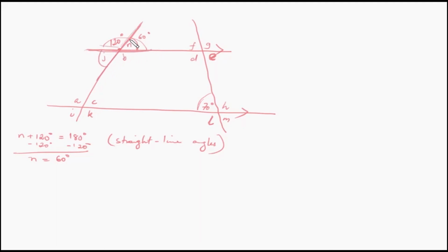So this angle and this angle are equal. They are vertical opposite. So you can just say J equals 60 degrees. Why? Vertically opposite angles.